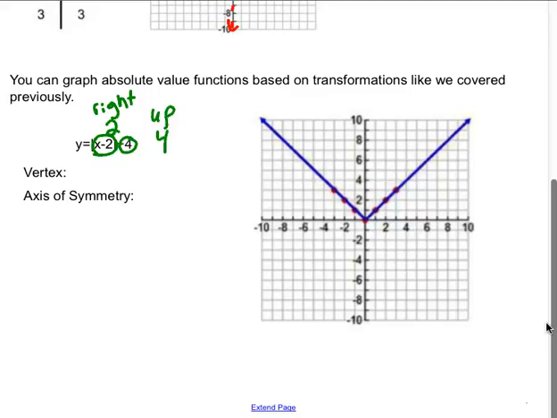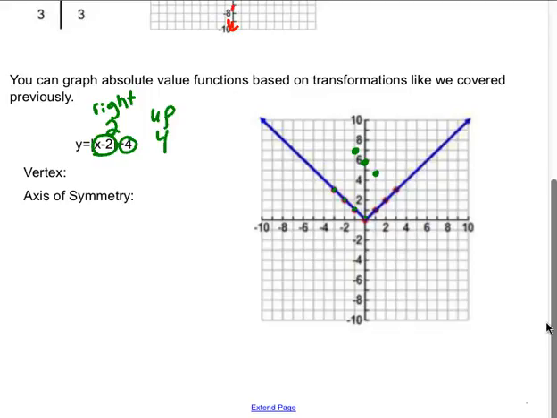So here I've actually already shown you the outline of that graph still, right? The parent function. Now picture taking every single point, okay, moving it right 2. So I'm going to take this point right here, right 2, up 4. 2, 3, 4. I'm going to take this point, right 2, up 4. This point, right 2, up 4.